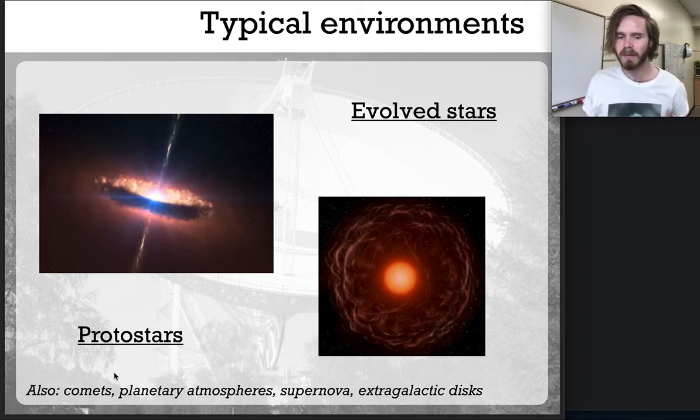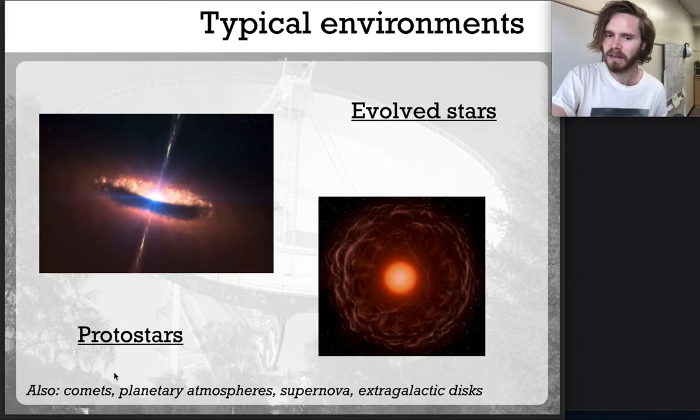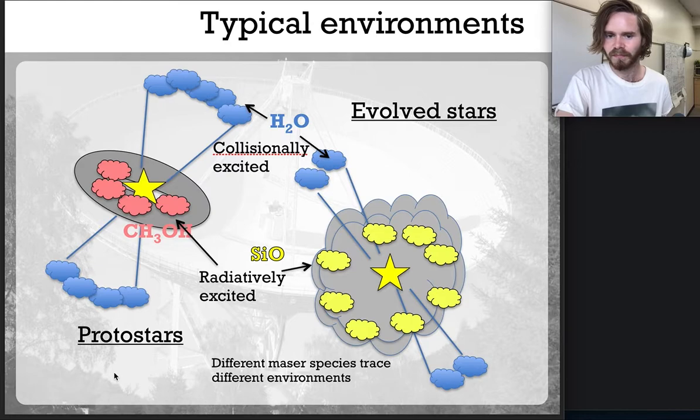I'm not going to talk about any of these here. They are very interesting, and I've studied a little bit about some of them, but I'm very much interested in the protostars, and I work a little bit on the evolved stars. These are going to dominate the field of maser observations. So if you're thinking of getting into masers, you're probably going to be moving into one of these two.